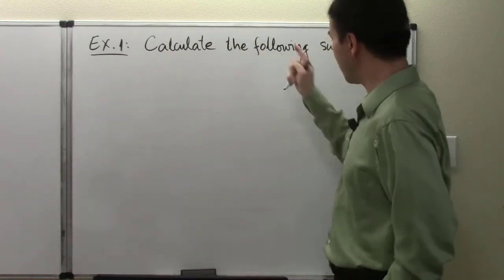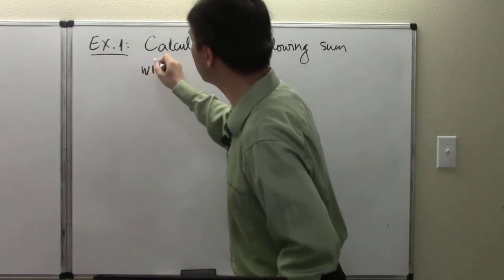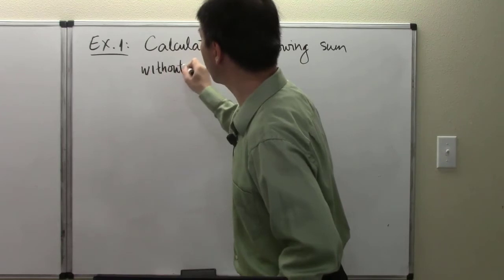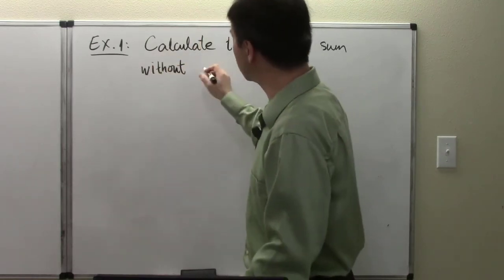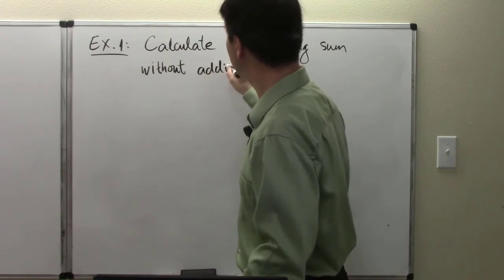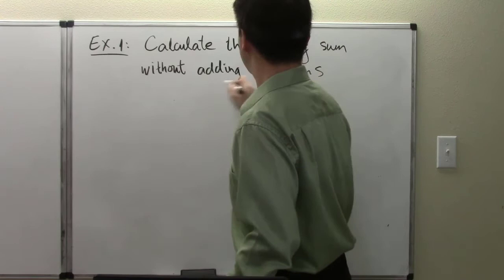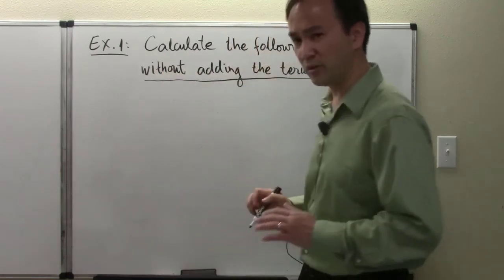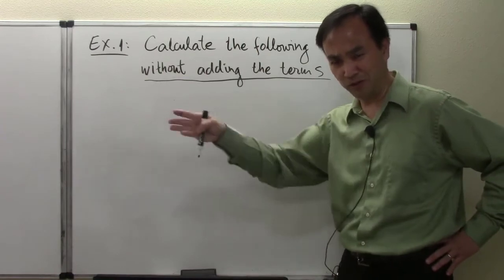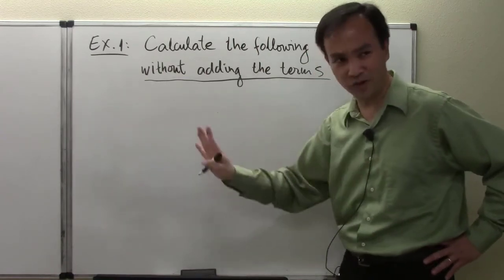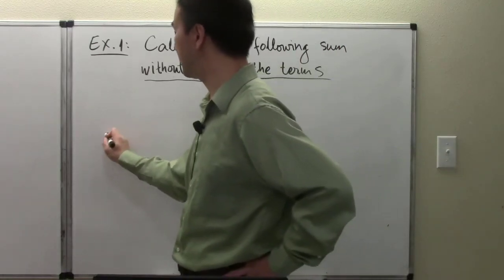So calculate the following sum, but the requirement here is without adding the terms, which comes directly from what I have been introducing. So I don't want to go 1 plus 2 plus 3 plus 4, that's way too much time for us. All right, so the summation we're looking at here is, how about part A right there?